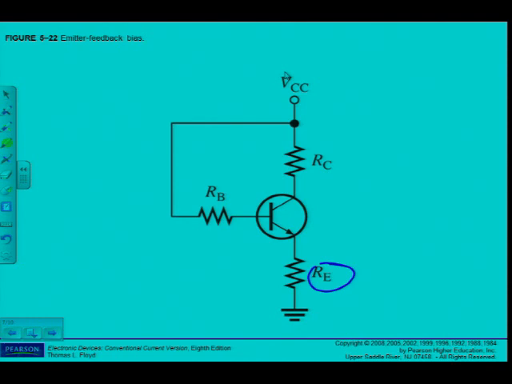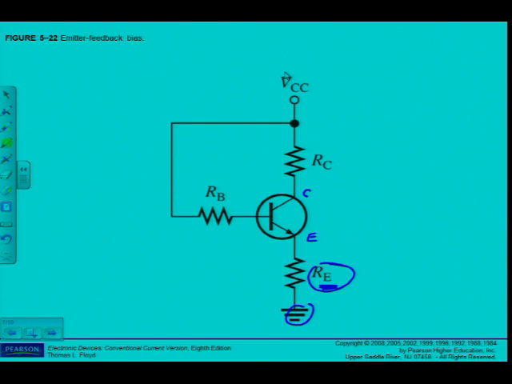Also in this case, with the base biasing, I said that VC, which is measured with reference to ground, is equal to VCE because there was no resistor, but now it's not true anymore. Because there's a resistor, there's a volt drop over that resistor, so those two values are not the same anymore.